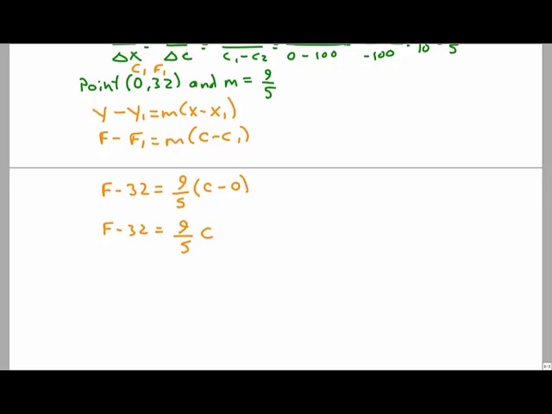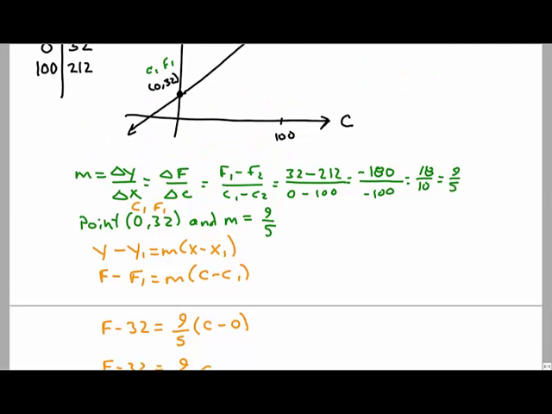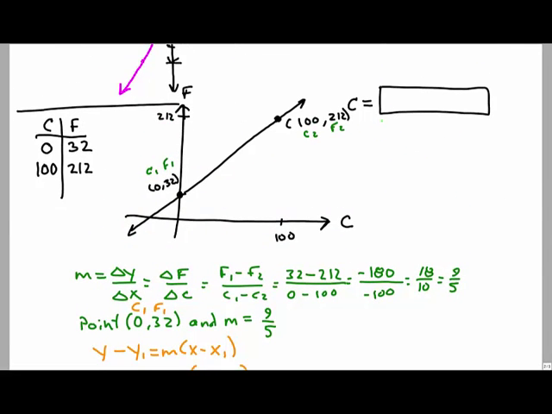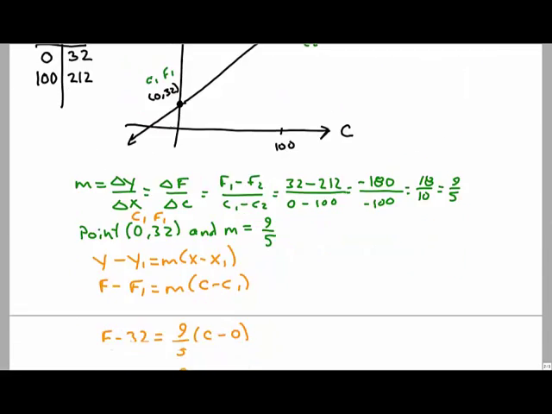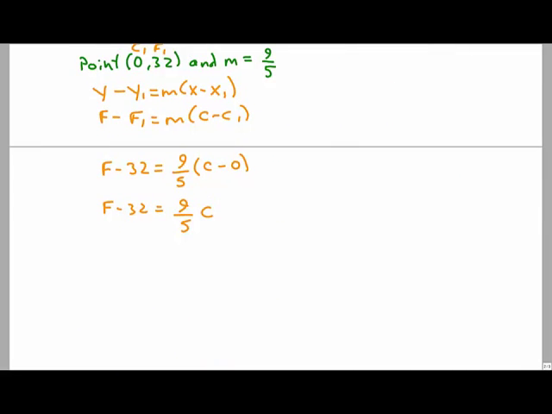Now if you remember, the original problem asked us to find out what C equals. So C equals is what I'm shooting for here, so I will need to solve for C. I want C by itself. In order to clear this fraction, you can divide by 9/5, or another way to think about that is multiplying by the reciprocal of 9/5, which is 5/9.